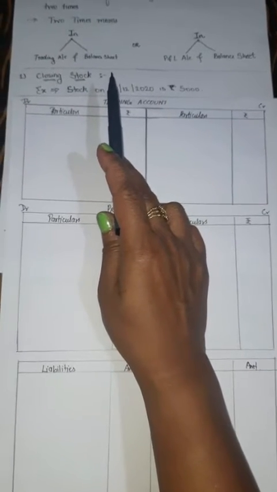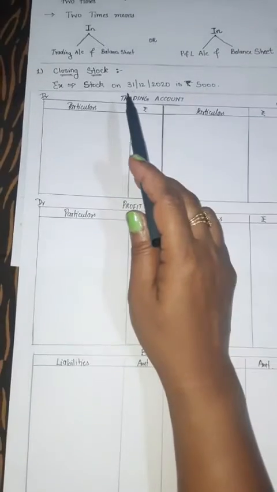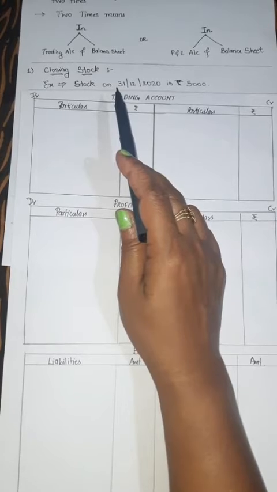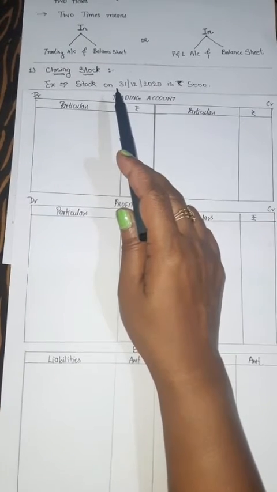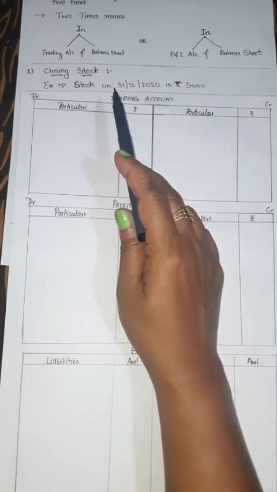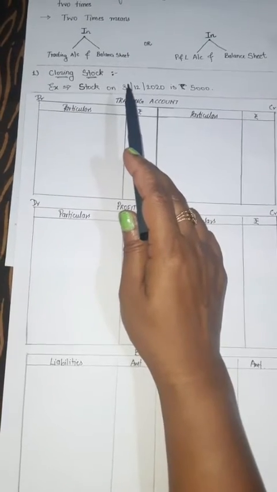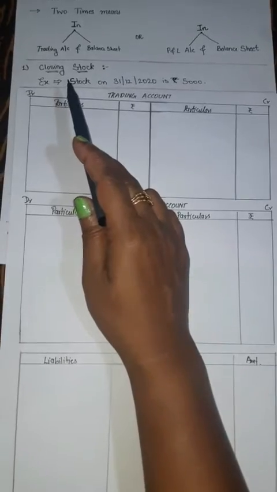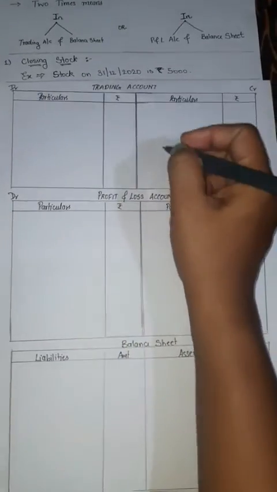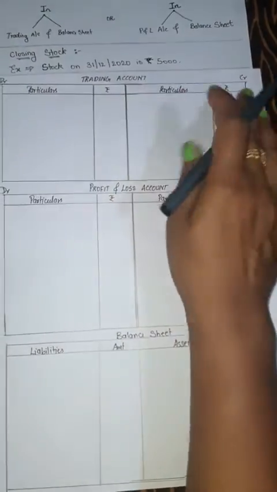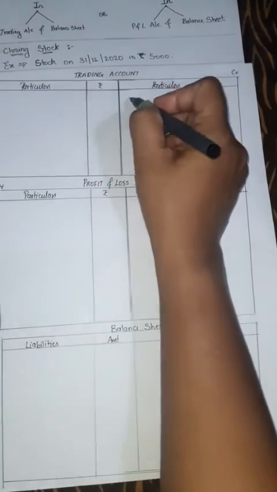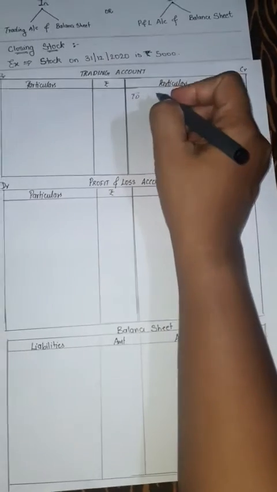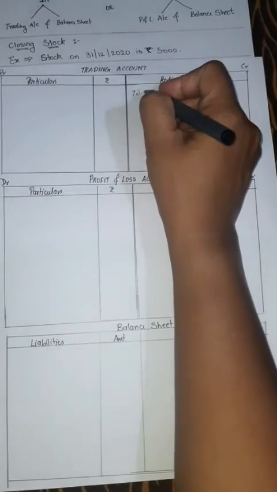But when you are doing a problem of adjustment, that is additional information given in the question, it will be shown with two effects. So for closing stock, the first effect is it is shown in the trading account credit side. So let's see the posting of closing stock, which is one of our additional information or adjustment.